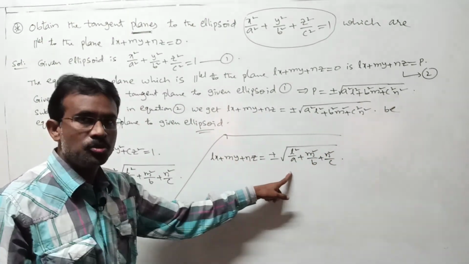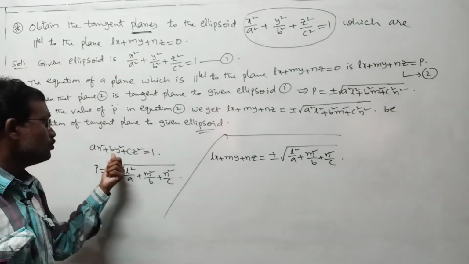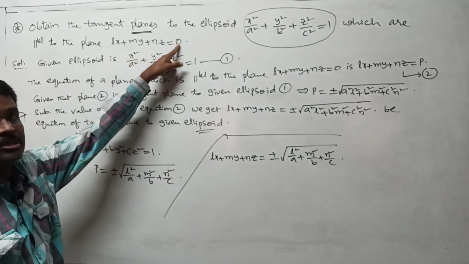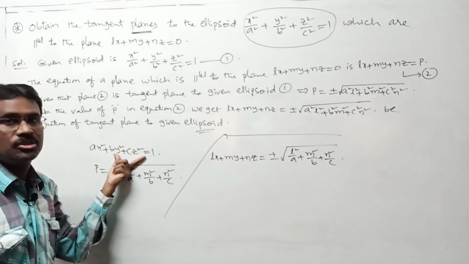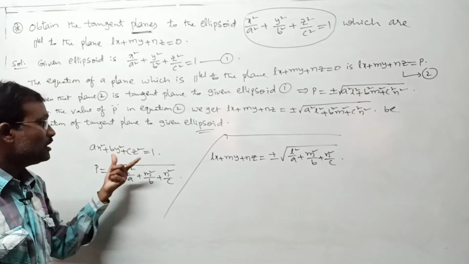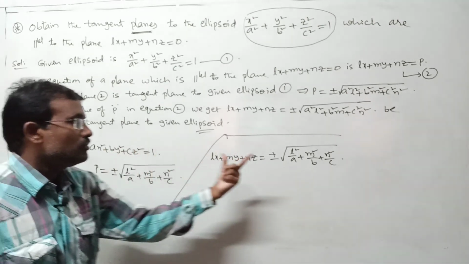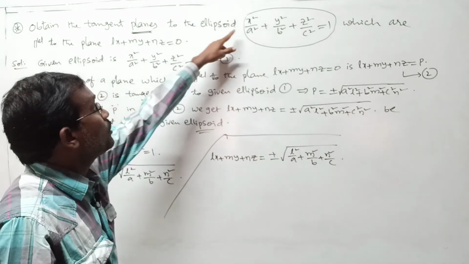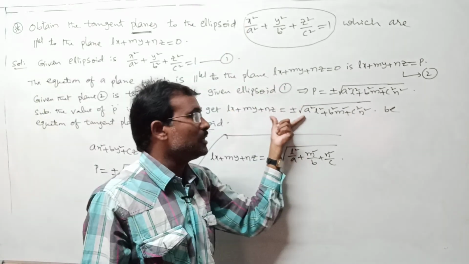These are the two planes which are parallel to this plane and are tangent planes to this conicoid.